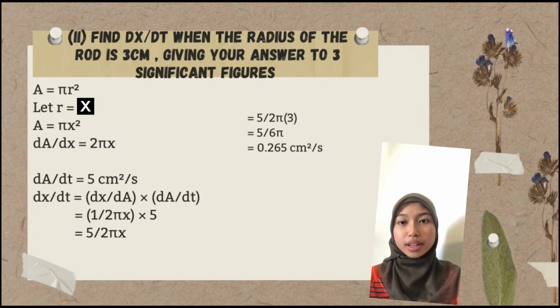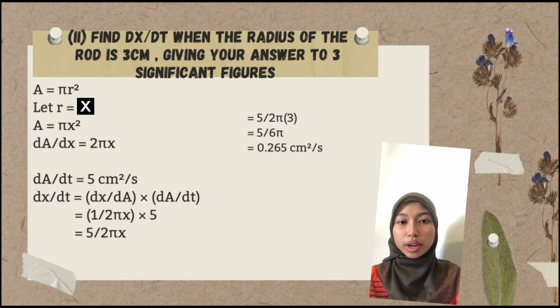The question needs us to find dx/dt. So, dx/dt equals dx/dA times dA/dt. We got dA/dx as 2 pi x. So, dx/dA will become 1 over 2 pi x.